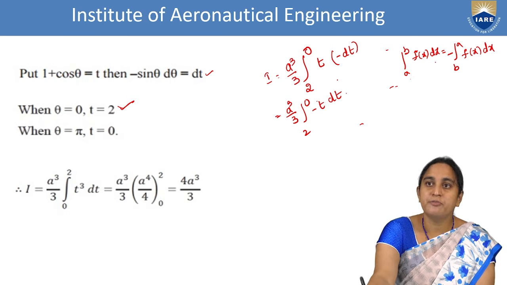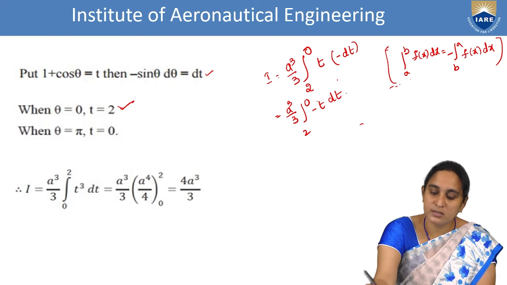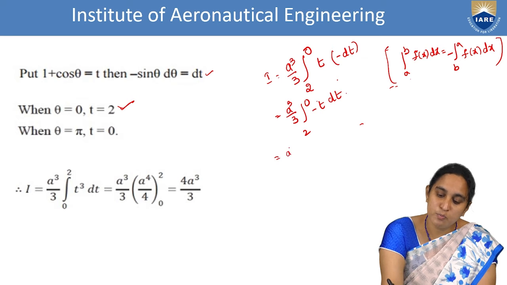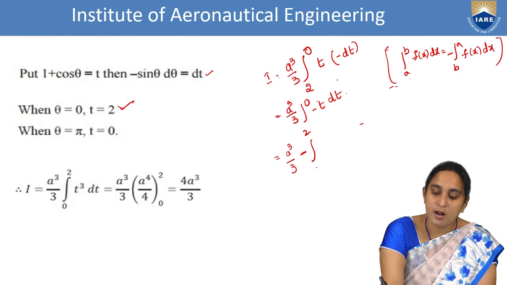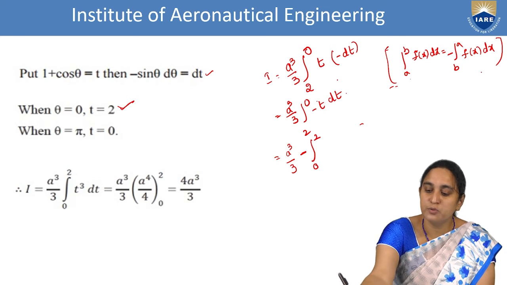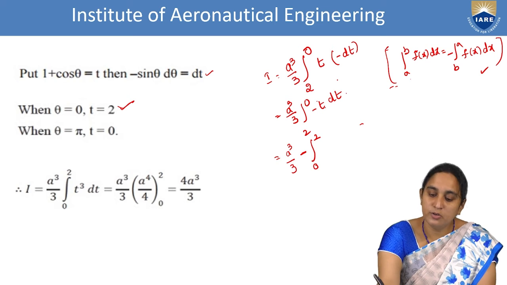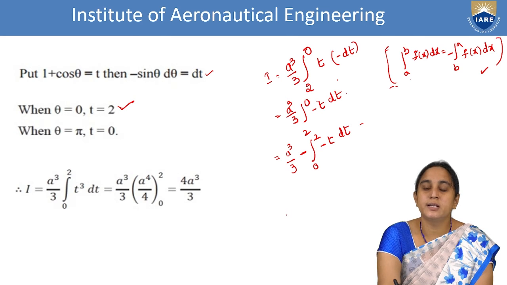Integral a to b f of x dx is equal to minus of integral b to a f of x dx. Now I am using this concept for this, that is a cube by 3 into minus of, I am taking lower limit as 0 and upper limit as 2, into what about the function here? Minus t into dt.